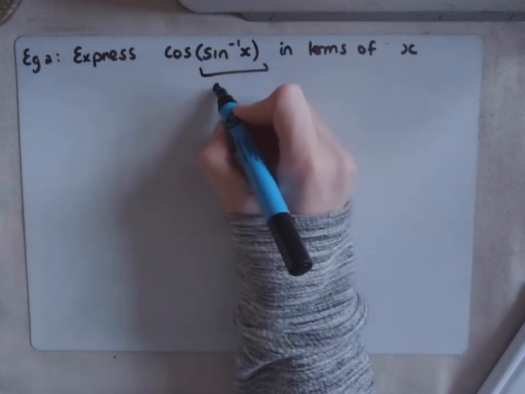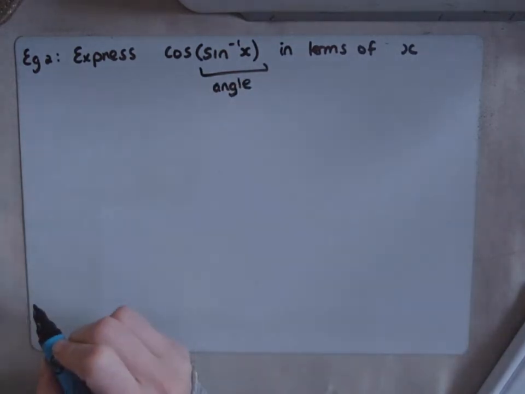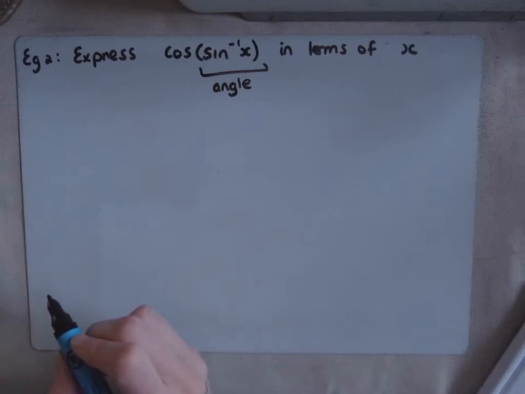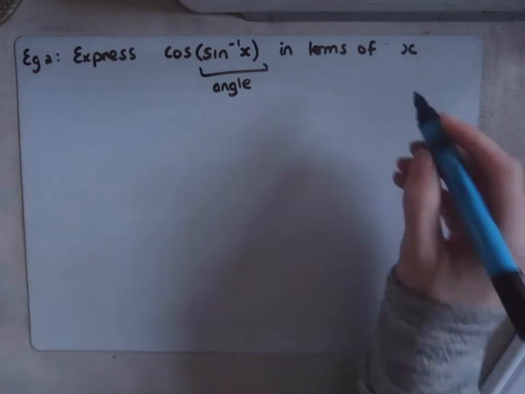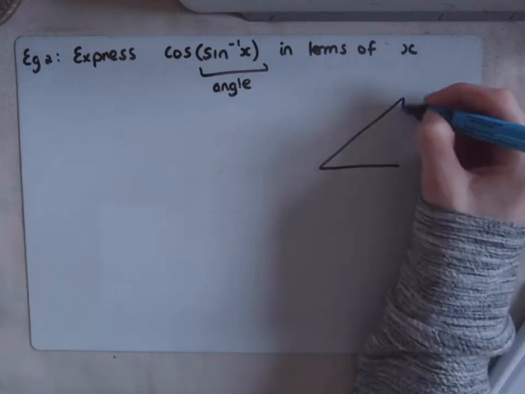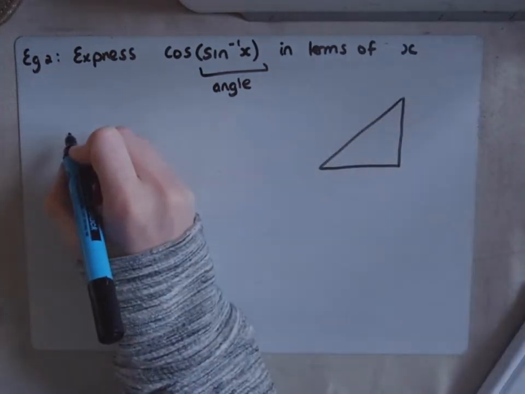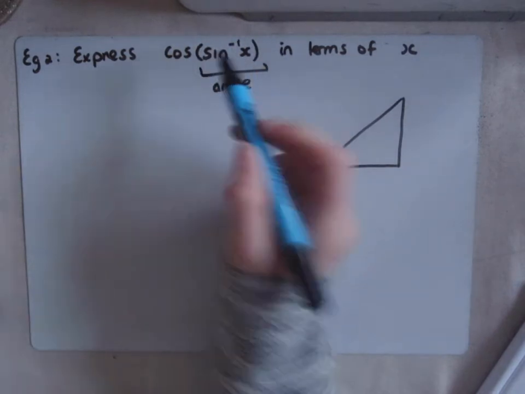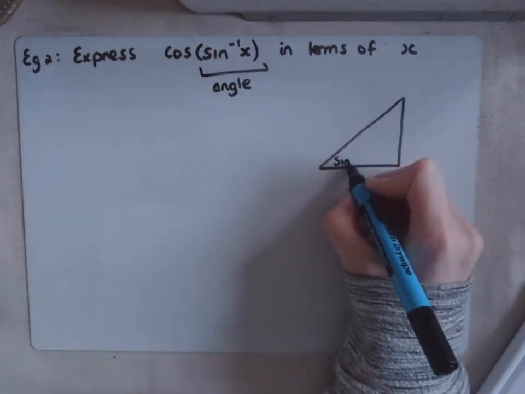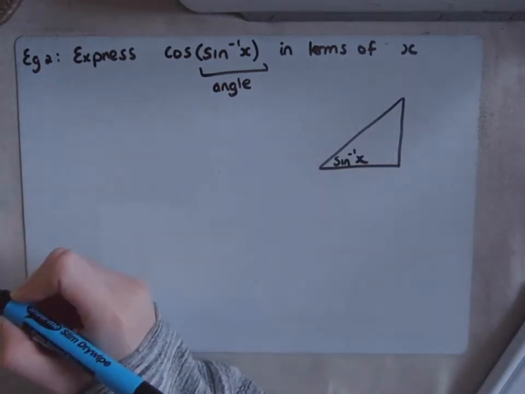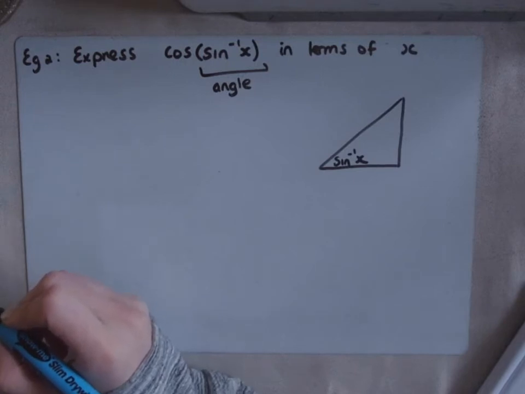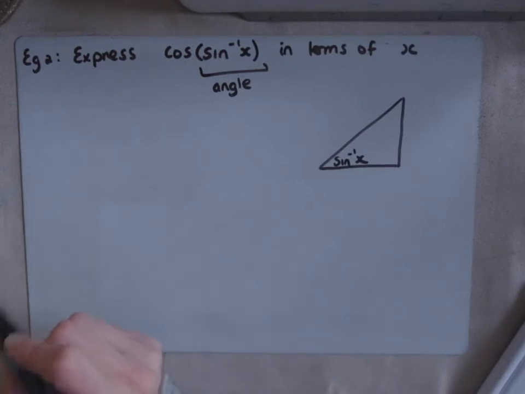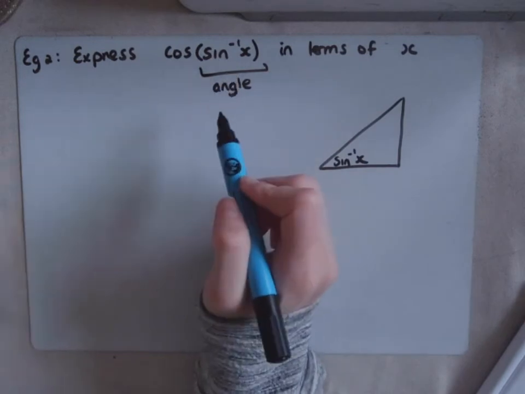Okay, so this is an angle. Now, sine to the minus 1 of x, that is an angle, okay? So that's this down here, sine to the minus 1 of x. That's the angle. So that means that's an angle whose sine is x.